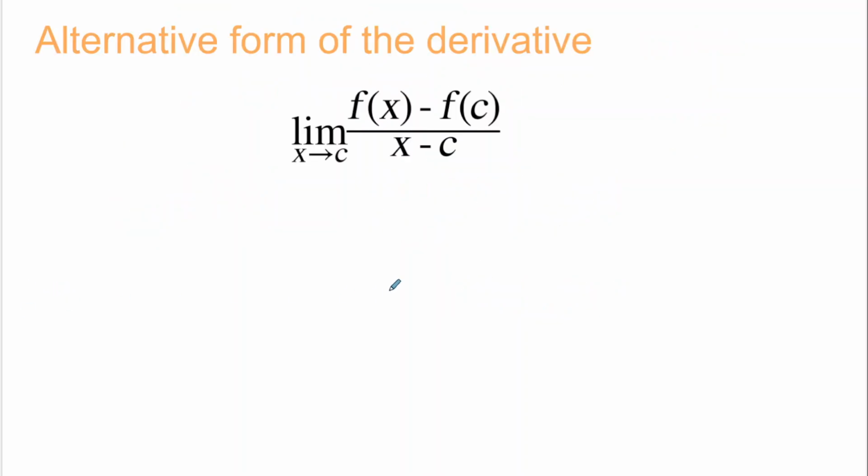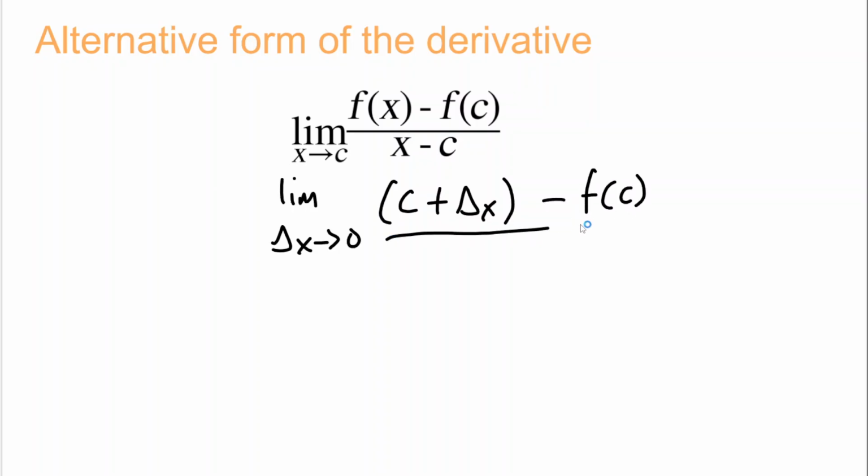Now I want to get into another thing here. This is called the alternative form of the derivative. It's another way of writing the limit as delta x approaches 0 of f of c plus delta x minus f of c over delta x.